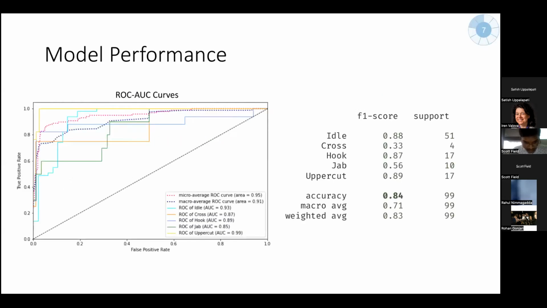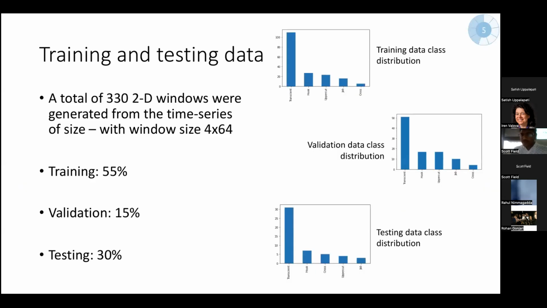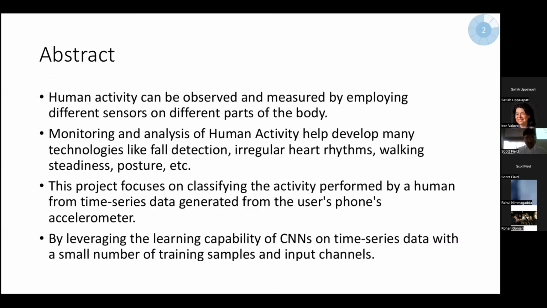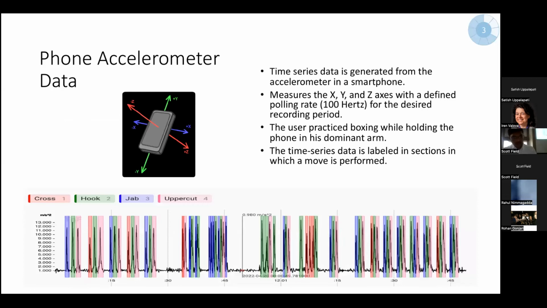Okay. Another question: you mentioned that your data set wasn't rich enough on crosses and jabs. Did I misunderstand, or was this the case? No, this was the case. As you can see here, there's a very small number of crosses and jabs.